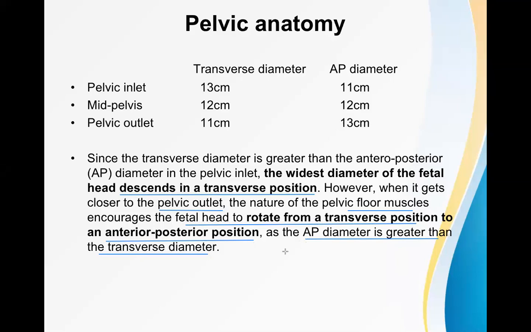That's why the fetal head will attain the anteroposterior position at the pelvic outlet, and it happens because of rotation. Remember, when it is descending downwards for the first time, it is in transverse position. Later on, it turns into AP position, and this is done by rotation.